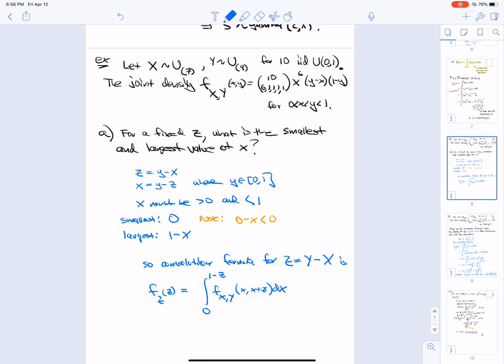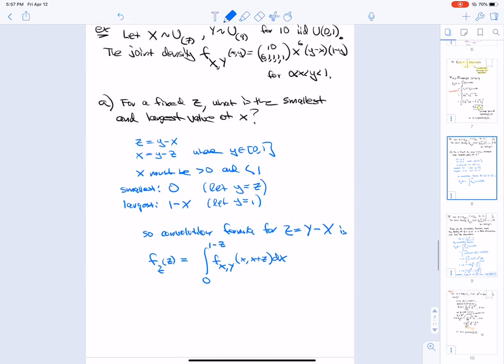So the smallest, let y be z. If you let y be z, then that would result in the smallest possible x value, which is 0, and the largest would be, we'll let y be 1.